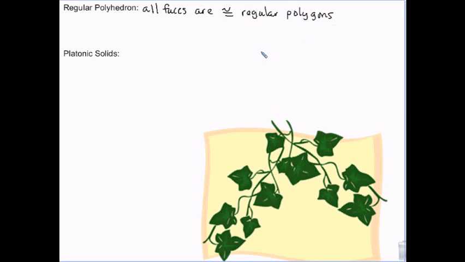So for example, your faces could all be squares, or equilateral triangles, or regular pentagons, they have to be the same. All the sides, all the edges are the same length. All the angles in the polygons are the same.